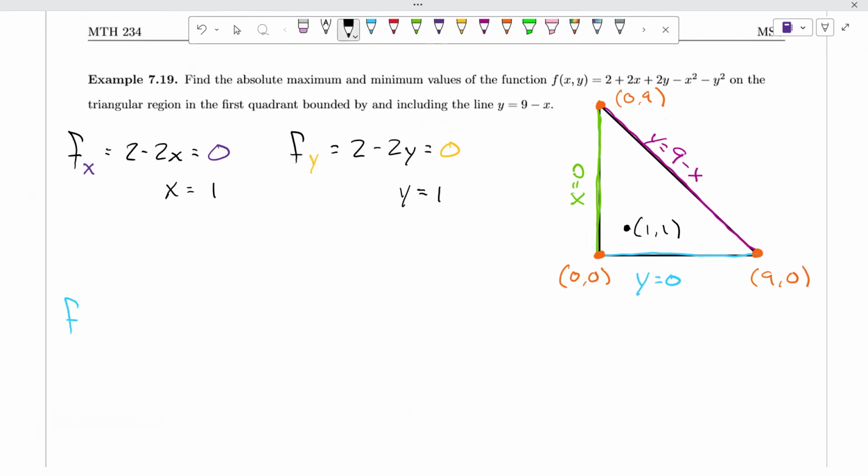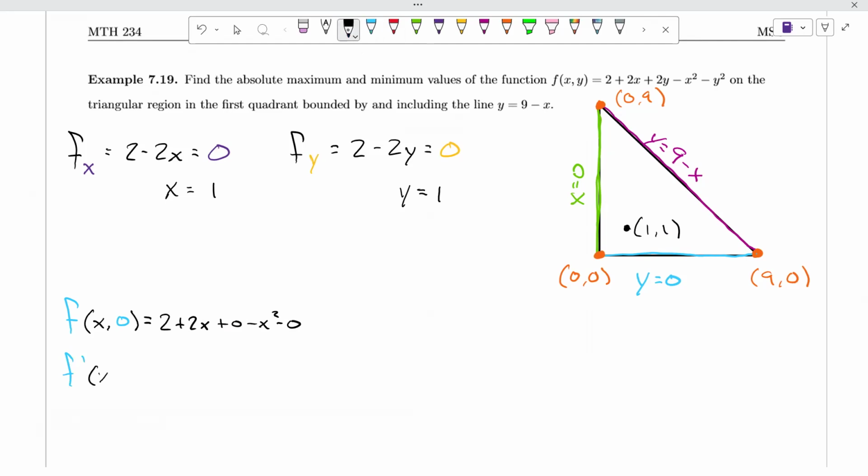F of, this will be x, 0, is 2 plus 2x plus 0 minus x squared minus 0. And then I'll go get a derivative of that.